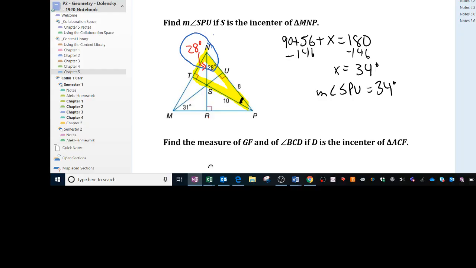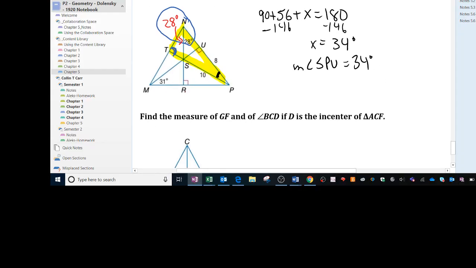Okay, so I have the 28, 28. I also have this right angle here of 90. And then what's left? My black, that little portion over there, which is the angle we're looking for. Yes, no? You sure? Okay. So I'm going to come off to the side-ish.